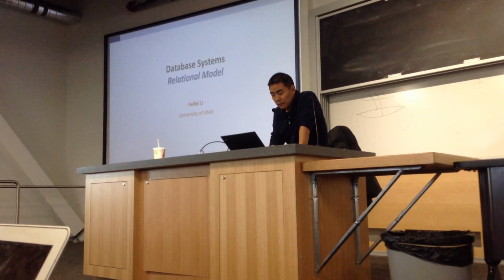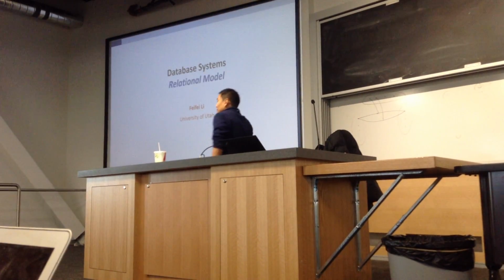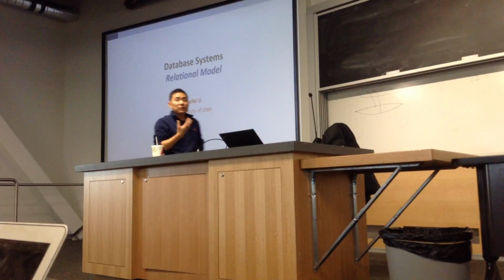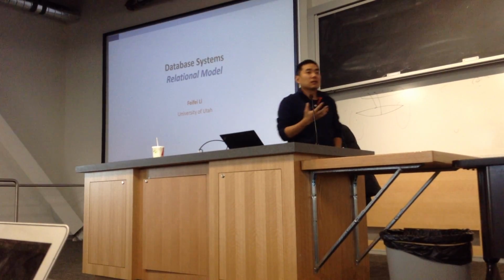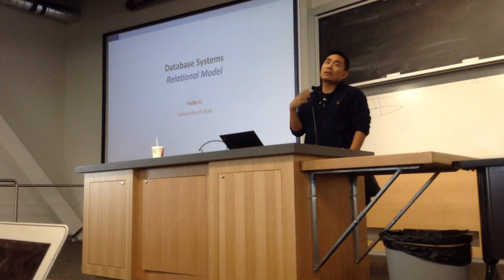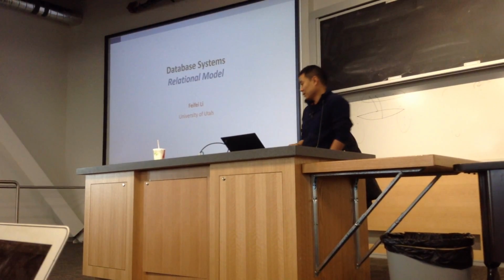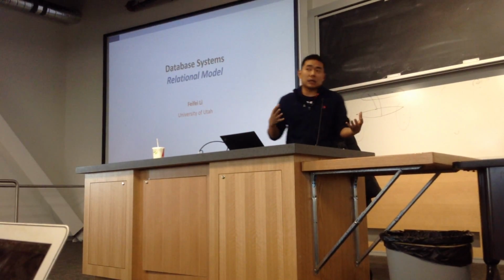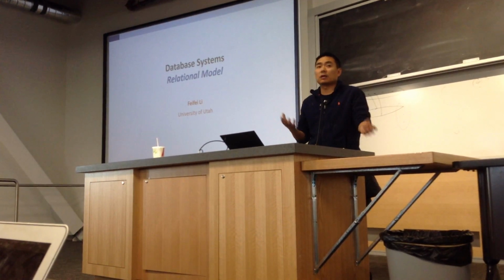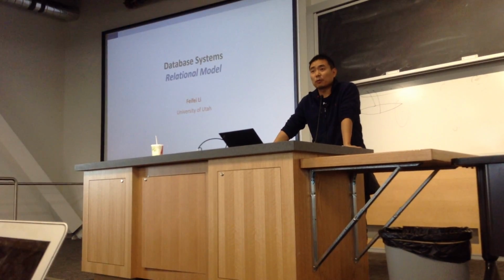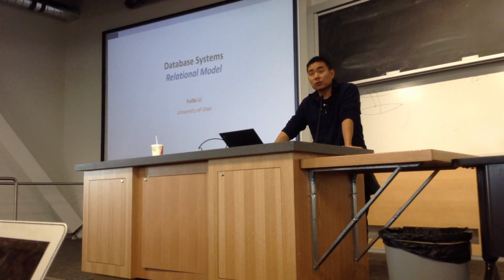So we have learned the ER model, right? And the next thing is the relational model. Database systems do not understand diagrams. If you submit an ER diagram to a commercial database engine, many commercial database engines actually do support ER diagrams as a design tool.